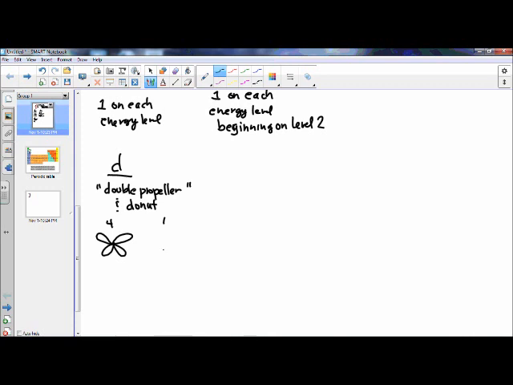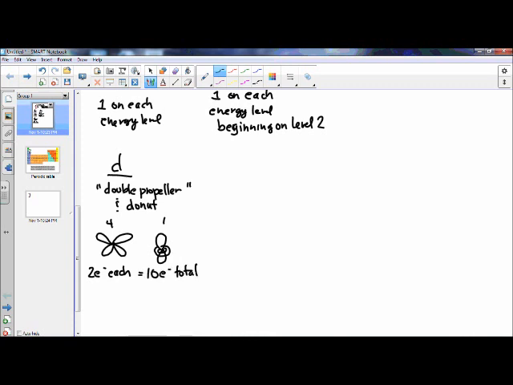One of them is shaped like this. It looks like one of the p orbitals, but it has a donut or a ring around the middle. So there are 2 electrons in each of these orbitals. There are 4 shaped like this and 1 shaped like this.